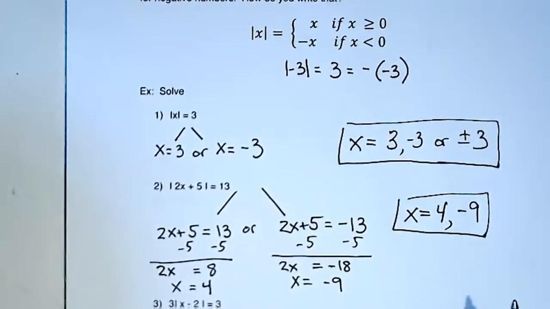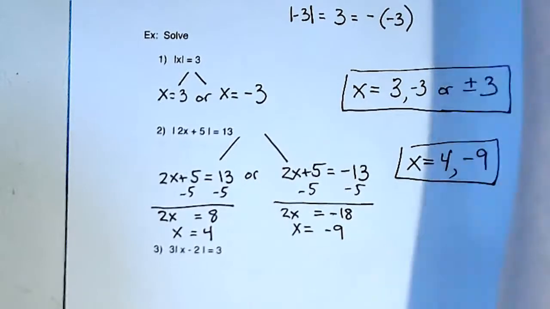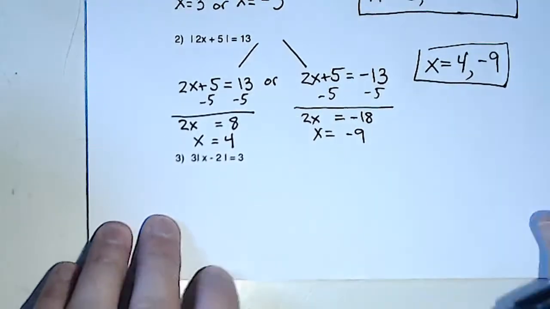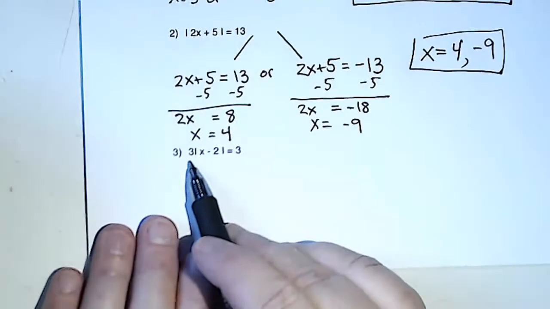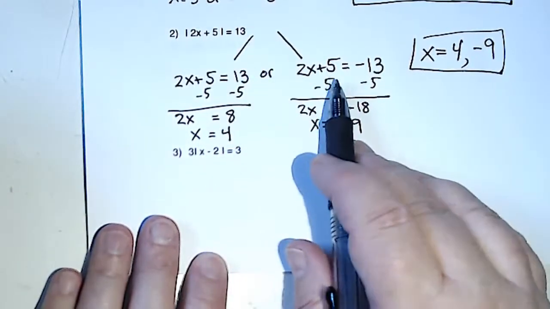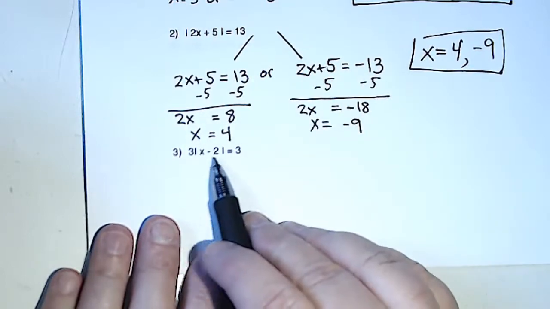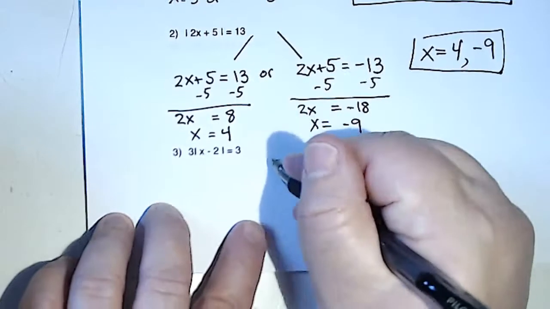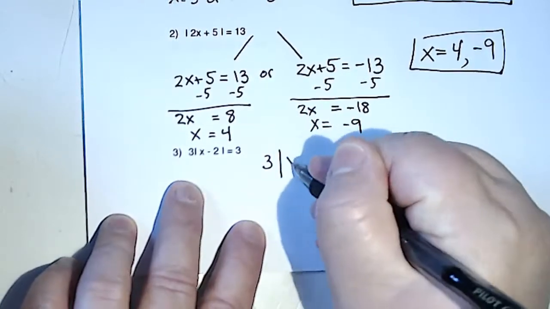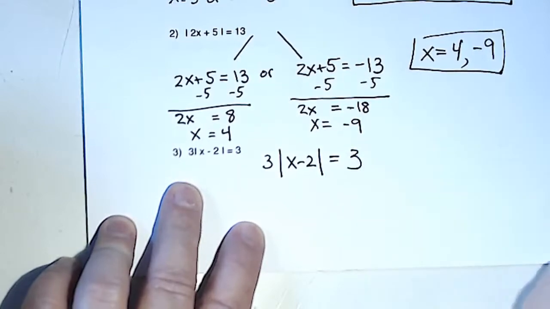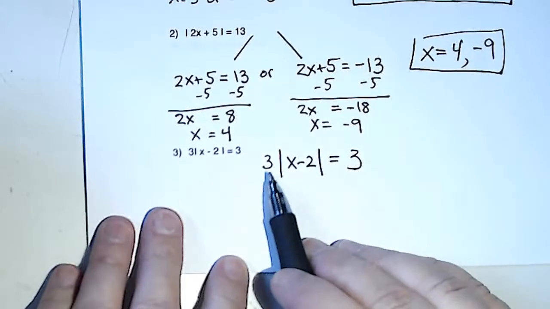Okay, let's take it another step further. Let's make it slightly more complicated. We've got somebody on the outside of the absolute value. So here's the thing. The this or that only works for whoever's inside the absolute value. If you have anyone outside, like here I have 3 times the quantity x minus 2 inside absolute value equals 3, what I need to do first is get rid of this 3.